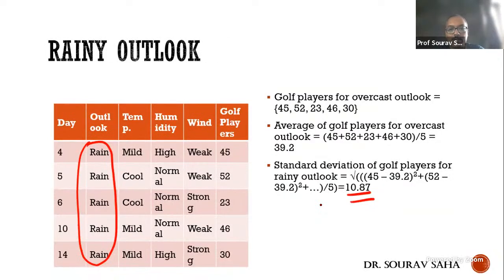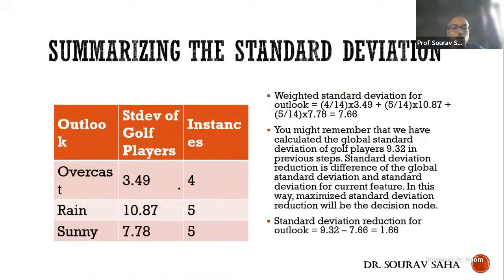If I do this, I get a weighted standard deviation of 7.6. Initially, at the root node, the standard deviation was 9.32. If I split based on outlook, the reduction in standard deviation is 1.6.